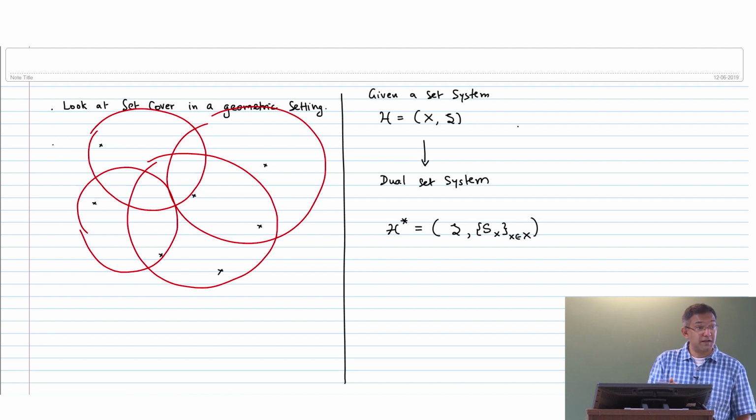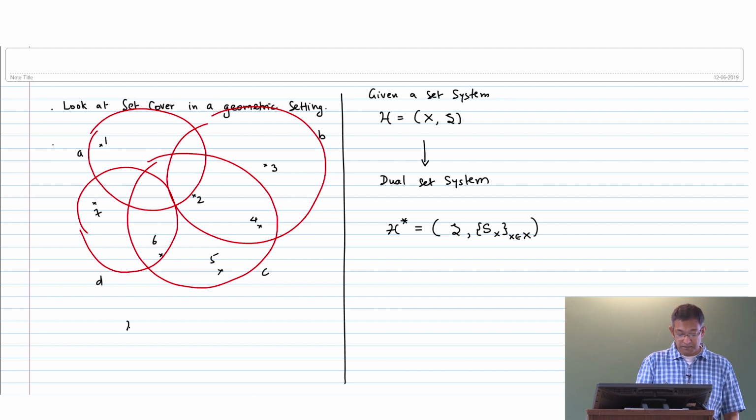So let's take this example on the left. Let's give these points 1, 2, 3, 4, 5, 6, 7, and the sets, let's give them names A, B, C, and D. If this is the set system, then in the dual set system, the elements become the disks.